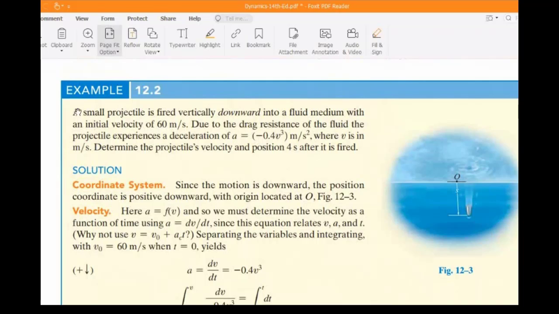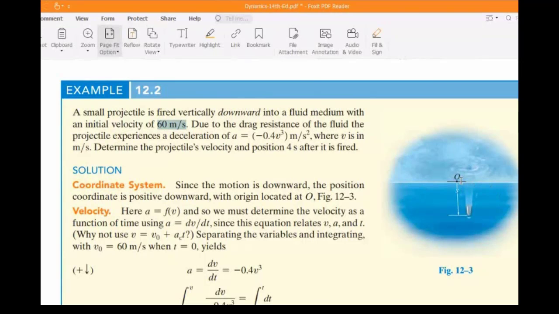Here, a small projectile is fired vertically downward into a fluid medium with an initial velocity of 60 meters per second. Do you know what a projectile is? Like a brick or a stone. You throw it in the water.